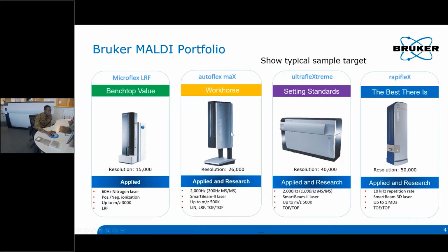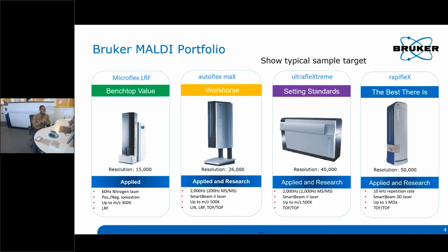Next up in line, we have the AutoFlex Max, which actually Chris Krueger will be using today for the live demonstration in his lab. And this one is a workhorse, basically comes in different configurations and can do pretty much anything and everything that you can use MALDI as a technique for.